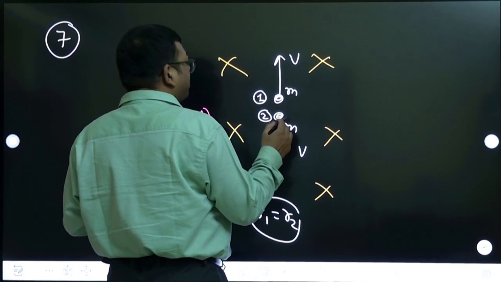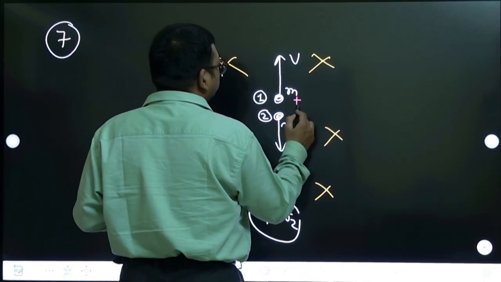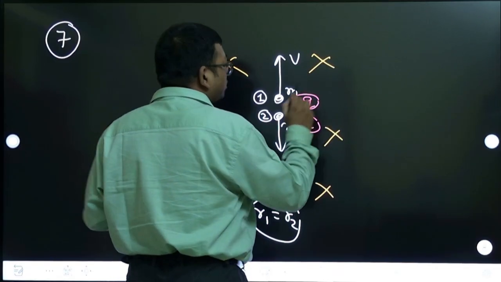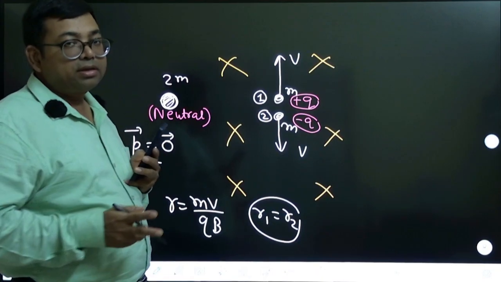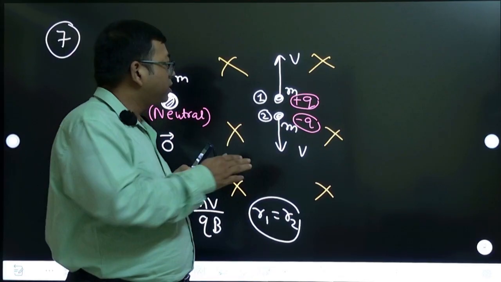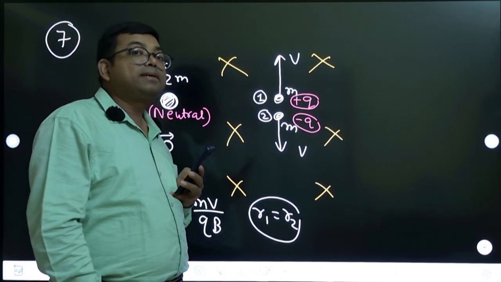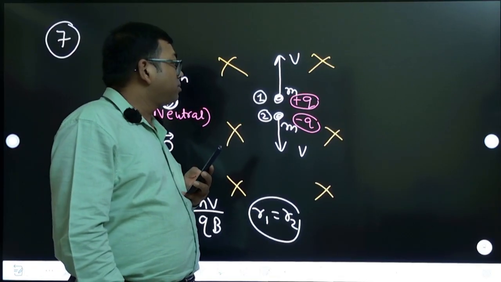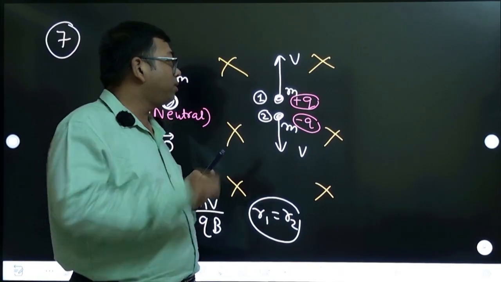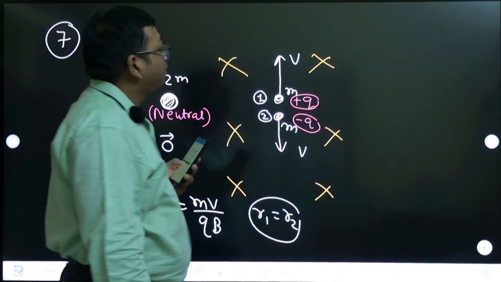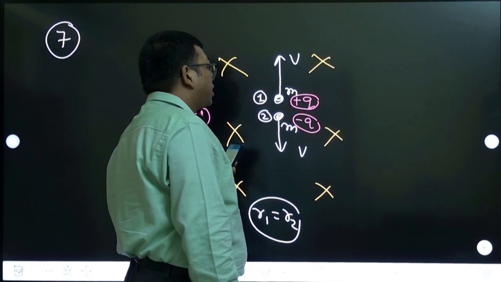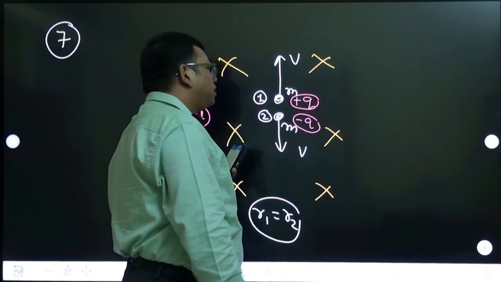If they have the same mass, we can assume they have equal and opposite charge, plus q and minus q. Because generally in nature, if a particle breaks symmetrically, their charges also should be symmetric. So one is plus, another is minus. Somebody can argue that they may have different charges, but for example, if one charge is plus q, the other has to be minus.